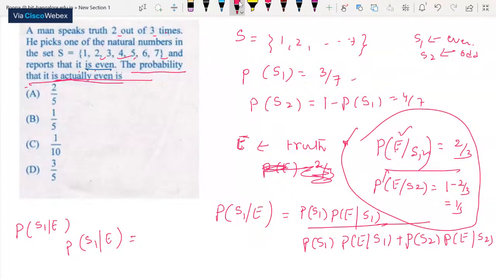The probability of E given S1 is 2 by 3, and the probability of E given S2 is 1 minus 2 by 3.